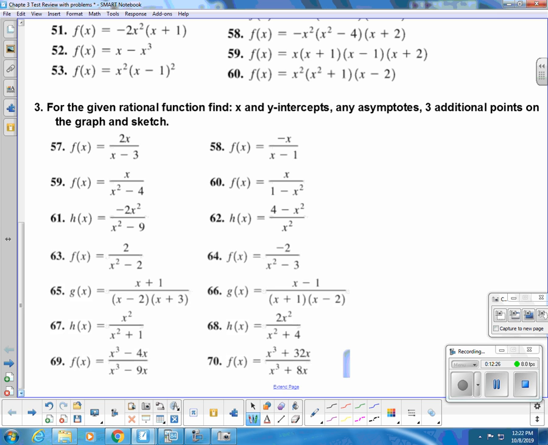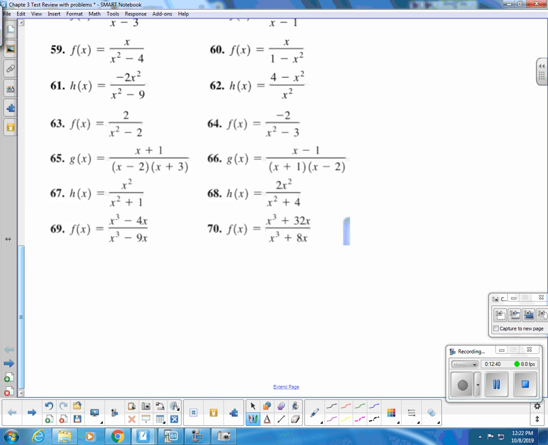So which one looks good? $70? I don't care. Does that look good to you? Okay.